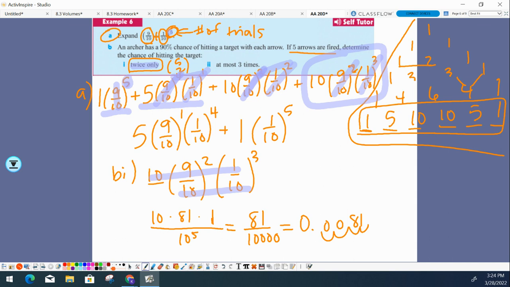All right, so for the last example, letter B is at most. So that means no more than 3. All right, so that means I'm going to take a different color. Not 5, not 4.